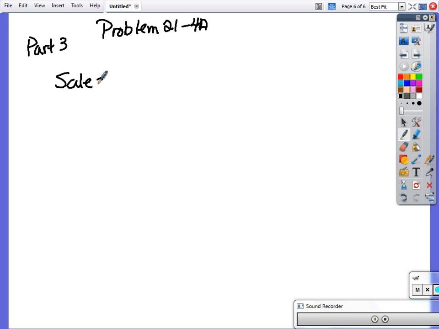Sales. And what amount were sales? How many units did you sell? 20,000. And what's your price per unit? $50. So 20,000 units times $50 is how much? 1 million.